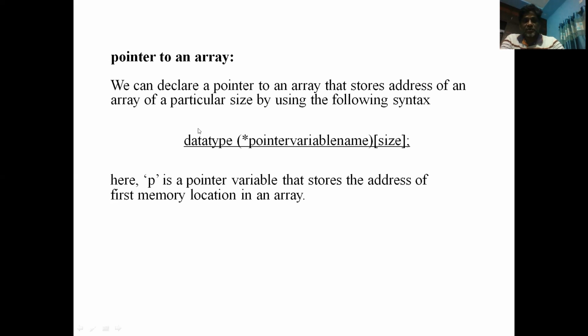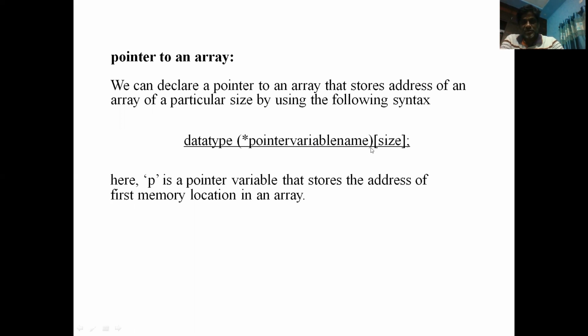So how can we do this? Look at the syntax: data type followed by star pointer variable name. This should be kept inside brackets and then followed by the size of the array to which you want to point this pointer variable. You need to remember this.